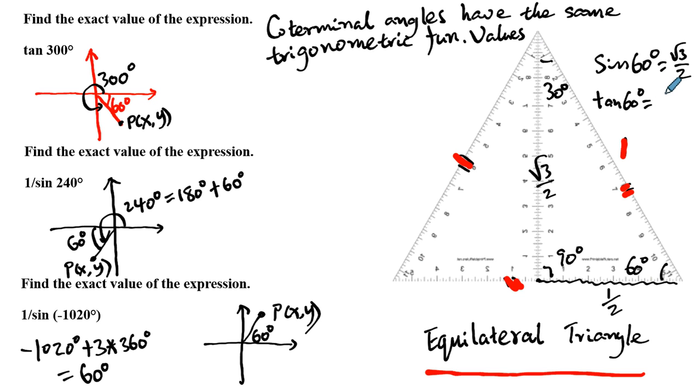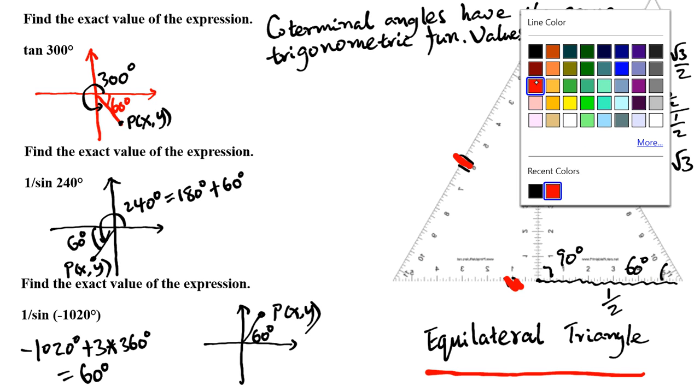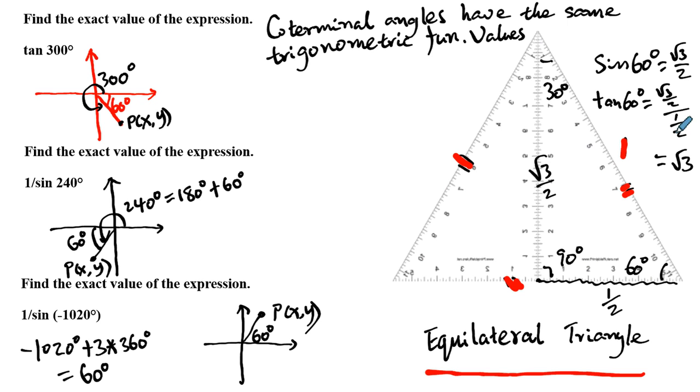That will be radical 3 over 2 divided by 1/2, because tan is opposite side over adjacent side. That will give us radical 3, because you can cancel the 1/2 with the 2 downstairs.